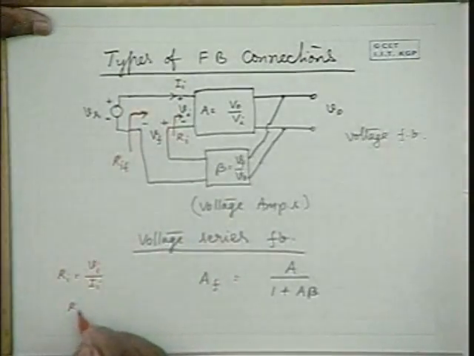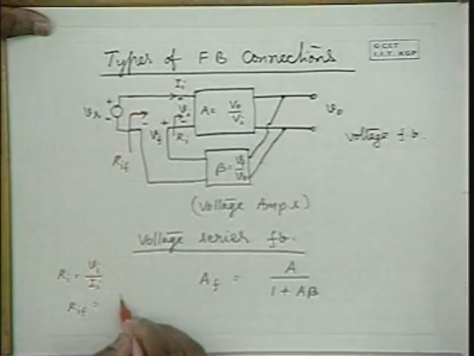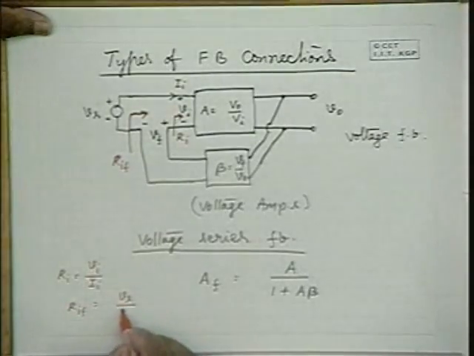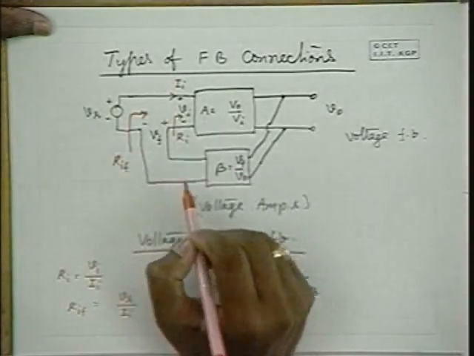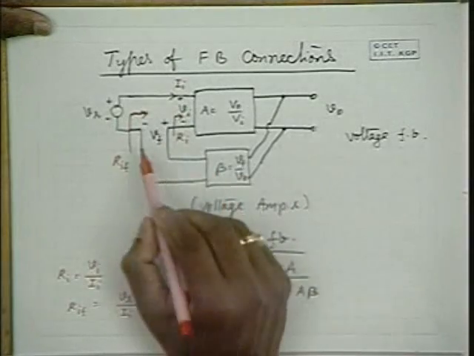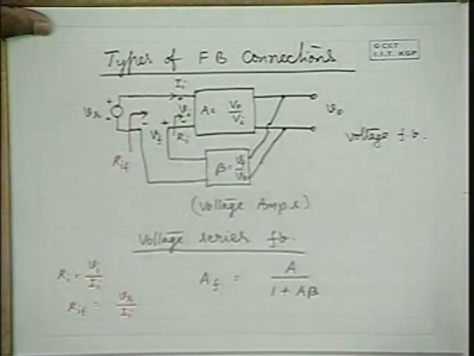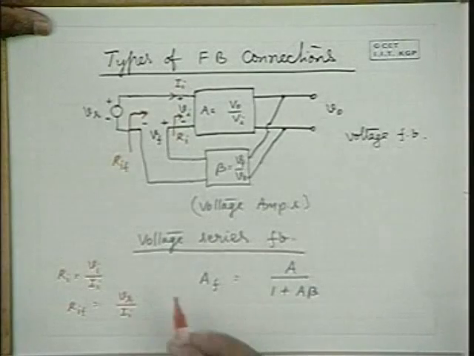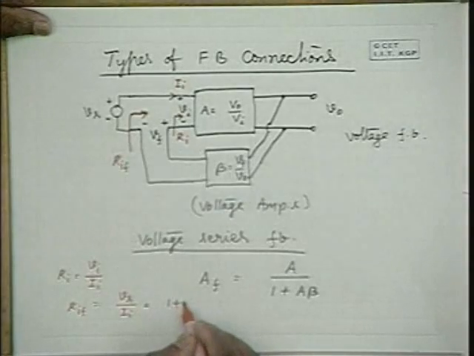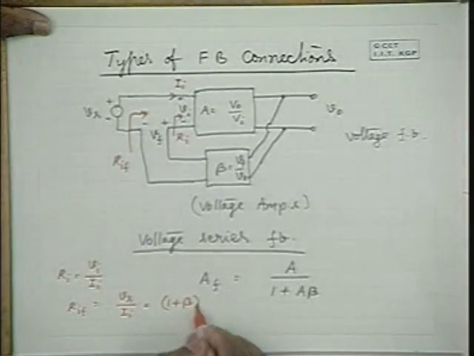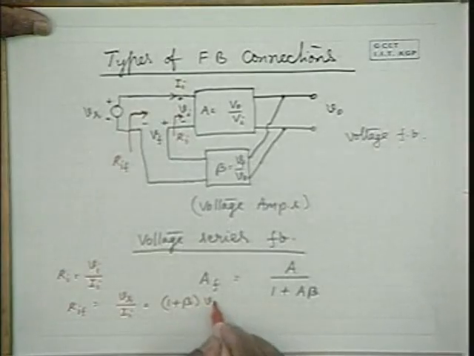So RIF is Vs by Ii. And Vs is definitely larger than Vi, and the difference is Vf. So the Vs by Vi ratio is obtained as how much? 1 plus A beta times Vi. That's what we obtained earlier.